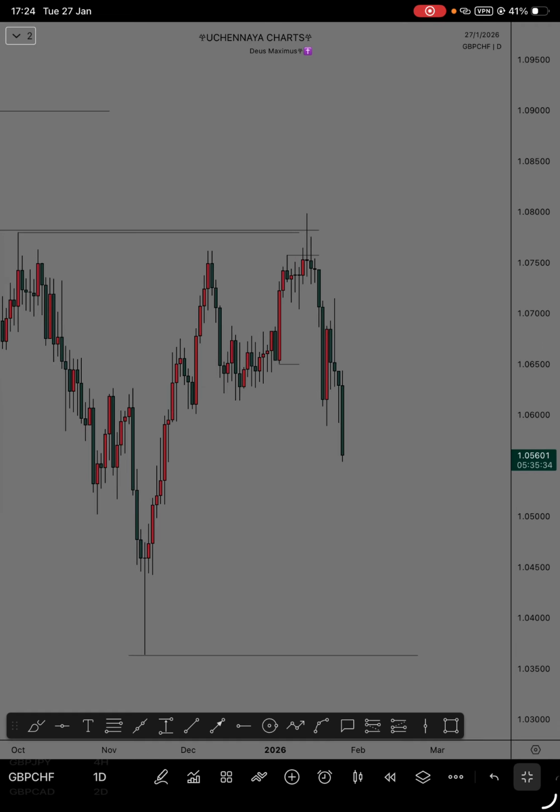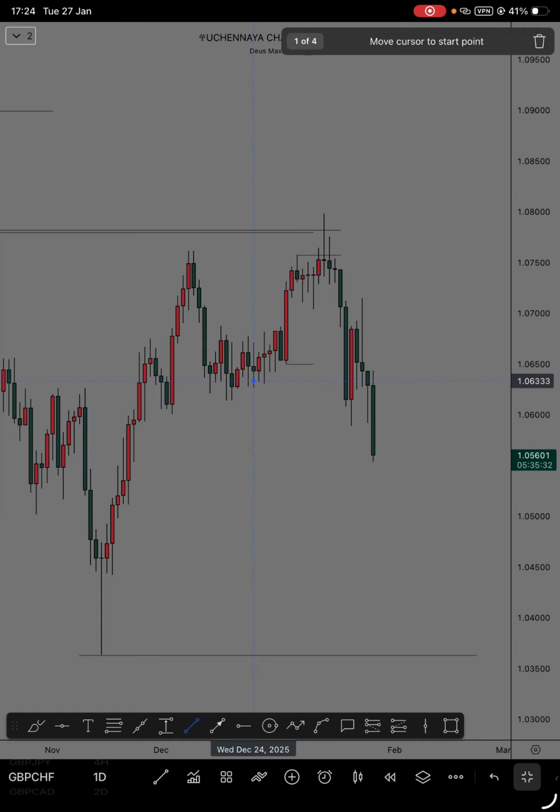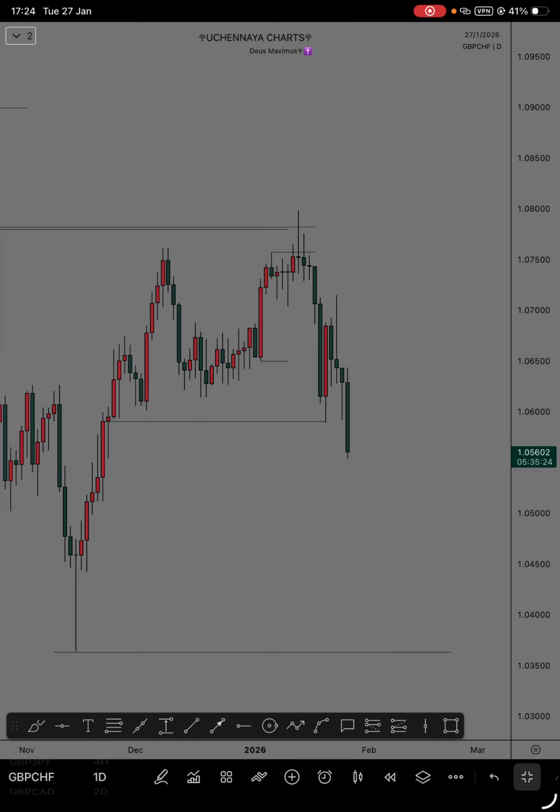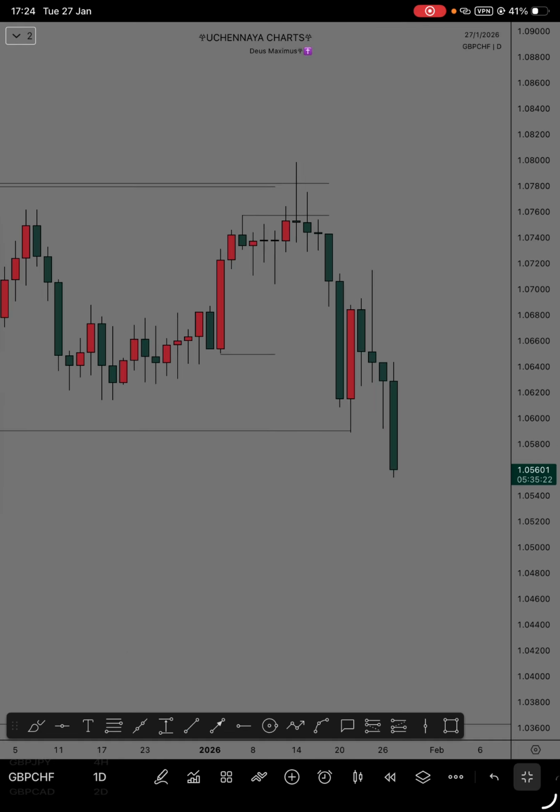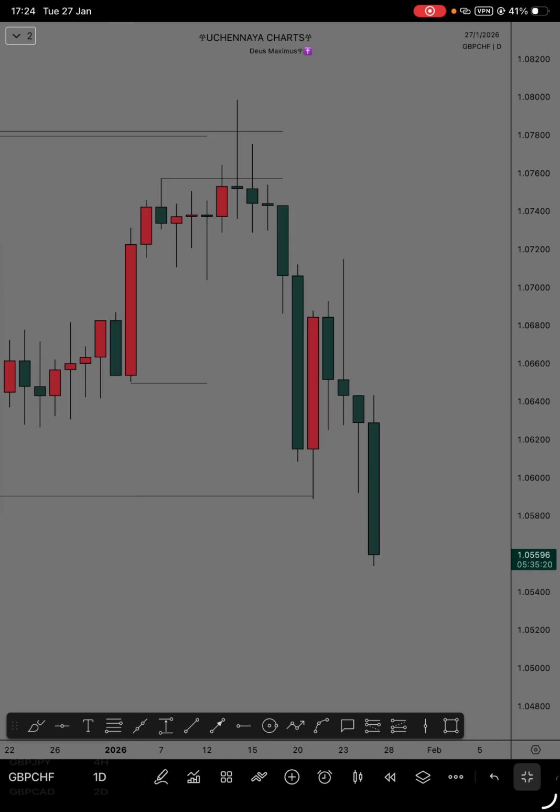And if you look at all of these levels, we previously had a reaction from this very zone, and we had a candle range after that very reaction, which was right here.